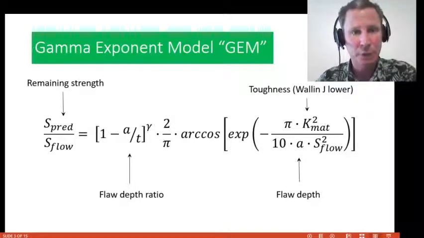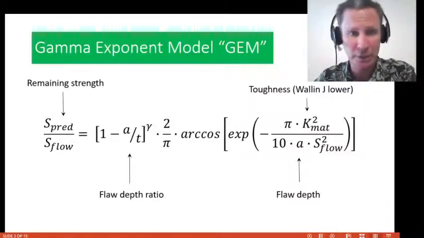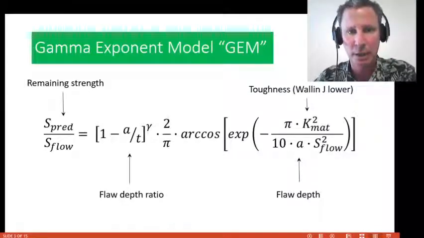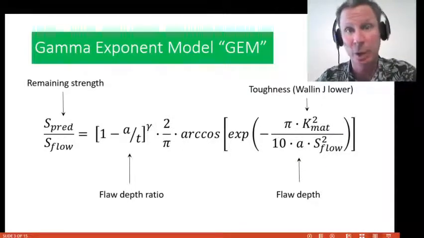So you look at the equation, I've got a remaining strength, the predicted failure strength over the flow strength. I've got a remaining ligament term to the gamma exponent, pi over 2, and then I've got an arc cos exponential term, which looks quite similar to the log secant model, except that it's based on depth. It's not based on length.